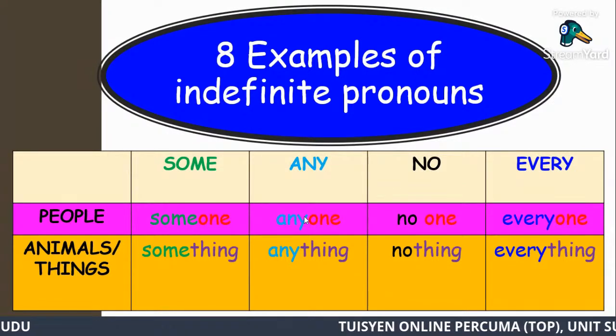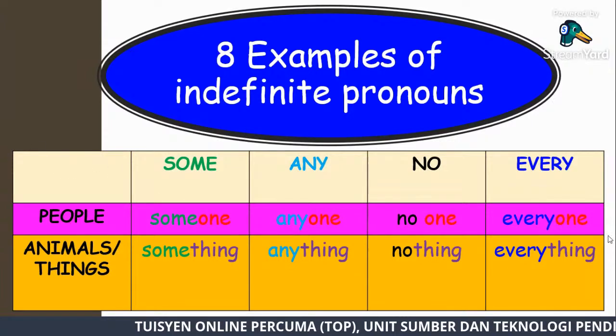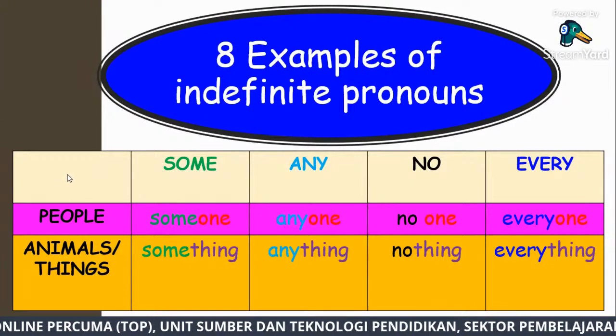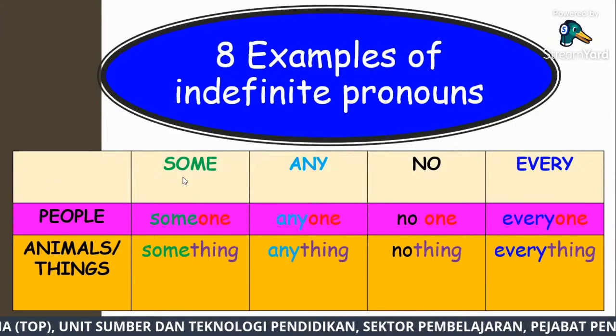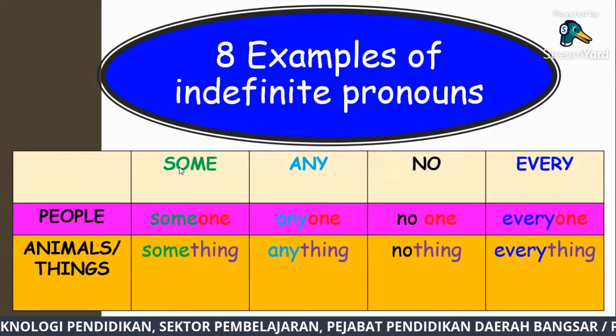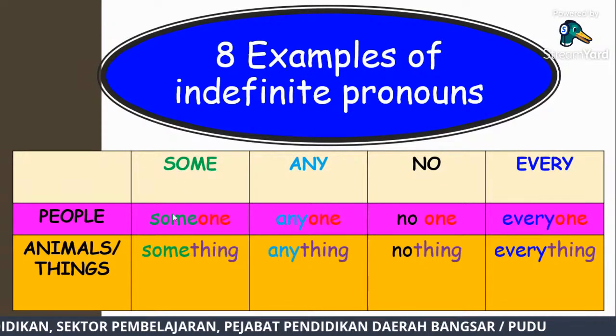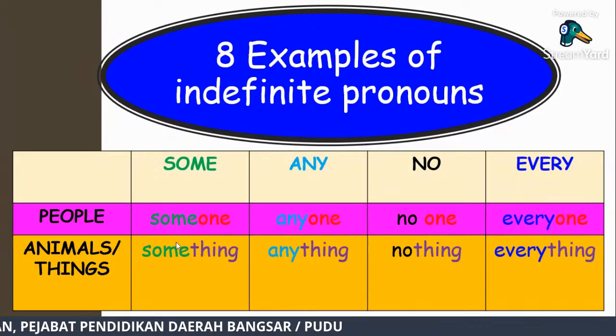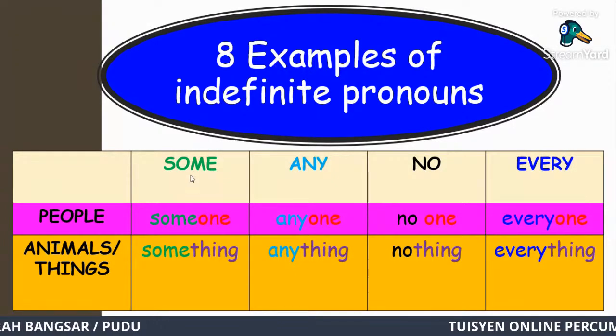These 8 examples, we can categorize into this table. How are we going to categorize them? As you can see just now, this "some" is at the beginning of the indefinite pronoun. You can see some, right?